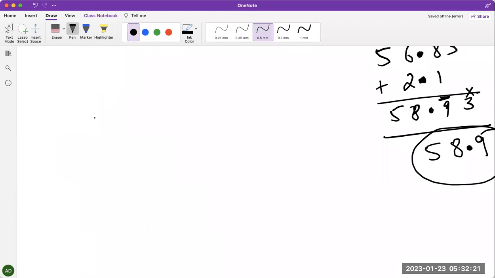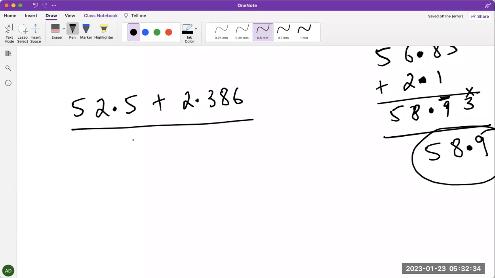So let's say, guys, you're given this problem, and you need to get the answer, and then bring it down. You need to give your answer with the correct significant figures.